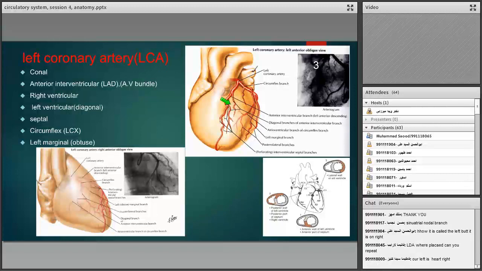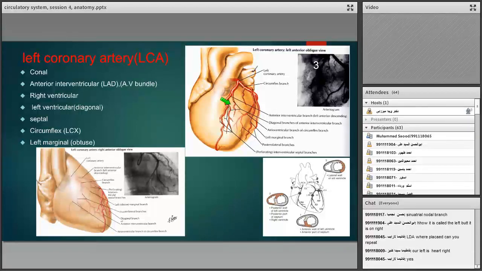The LAD is placed in the anterior interventricular sulcus of the heart on the sternocostal surface. I said that the LAD artery is the longest and biggest branch of all the coronary arteries.